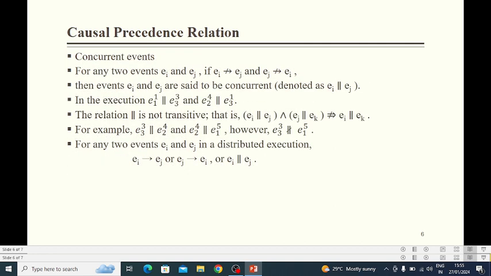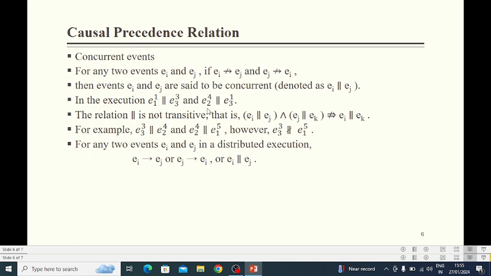Concurrent events. For any two events Ei and Ej, if Ei does not causally affect Ej and Ej does not causally affect Ei, then the events Ei and Ej are said to be concurrent. In the execution, E11 and E33 are concurrent. Both events are executing concurrently because there is no causal dependency between them. E11 does not affect E33, and similarly E33 does not affect E11.